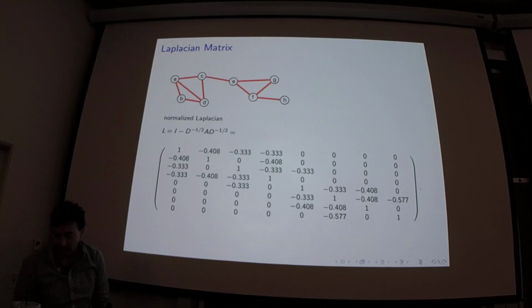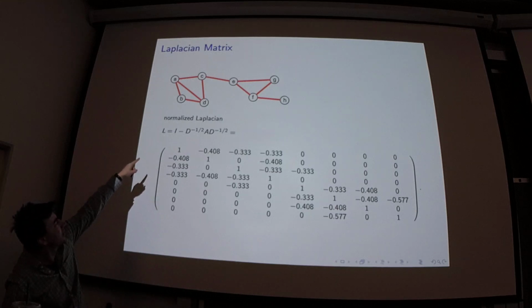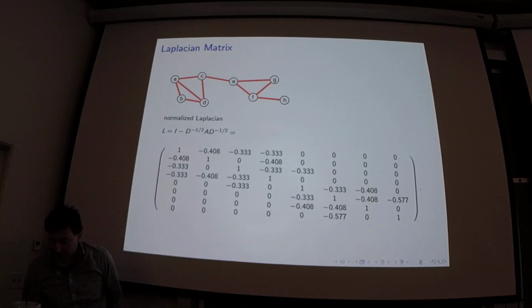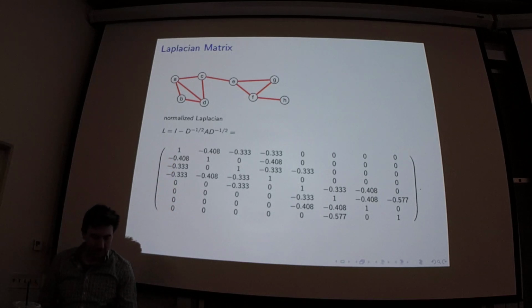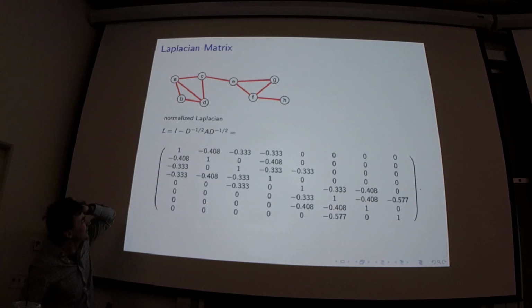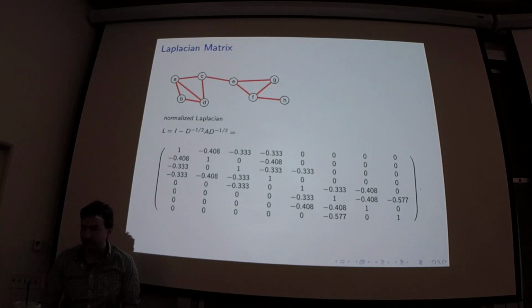It's I, the identity matrix, minus D to the minus 1/2, A, D to the minus 1/2. It's just a different way of normalizing the flow in the matrix here.